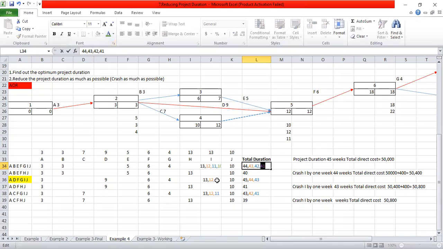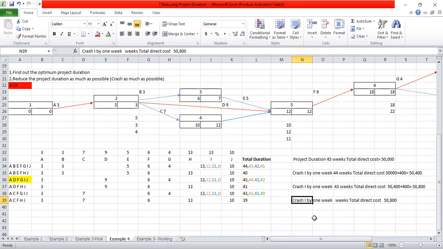If I made a mistake, please let me know, right? So 10 here, 42. 10 again here, 40.